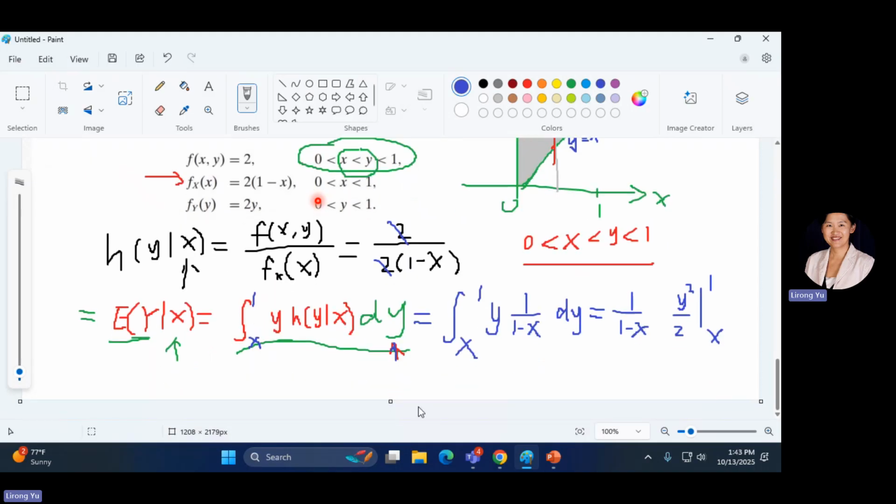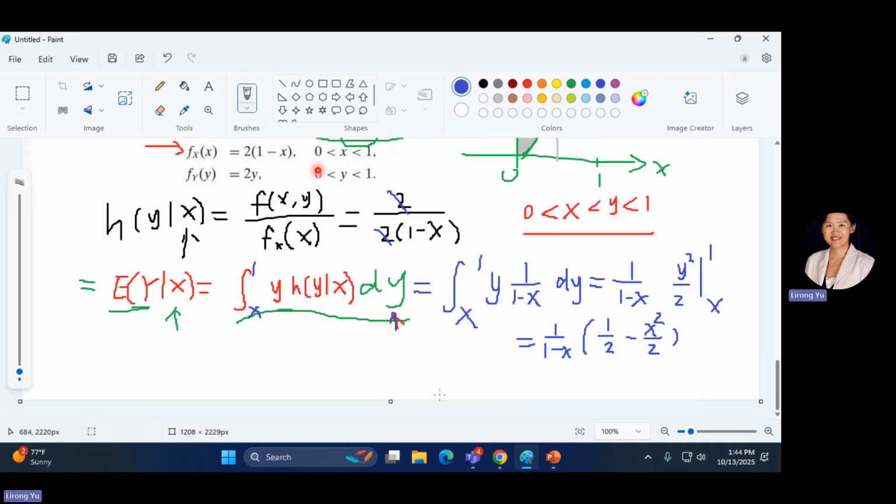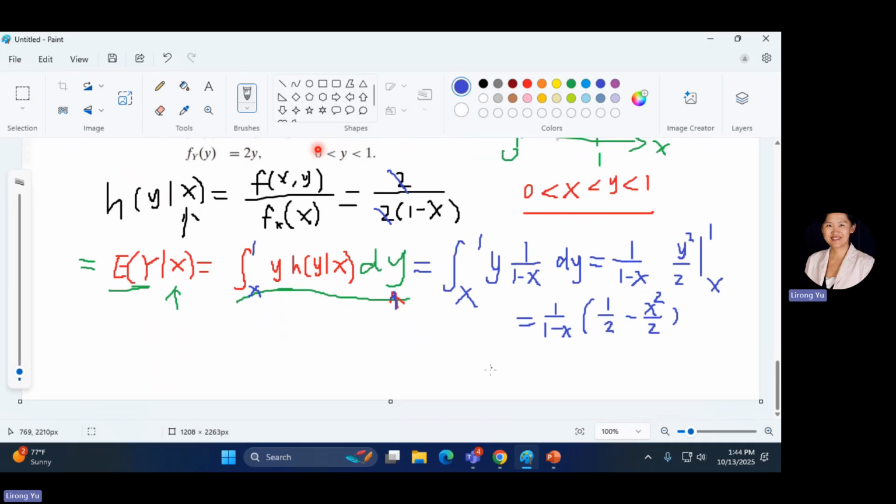And finally, we use 1 and x to replace y, so it's 1 over 1 minus x, times 1 over 2 minus x squared over 2. Then we simplify this into 1 over 1 minus x.